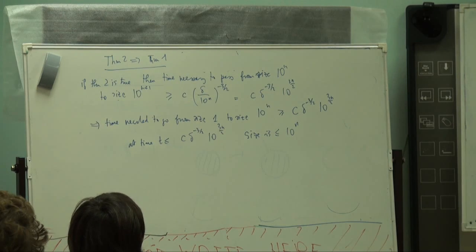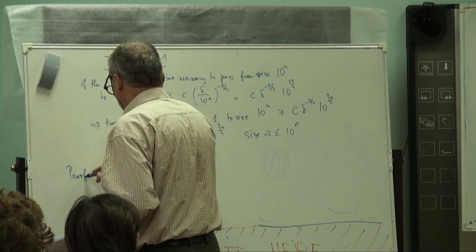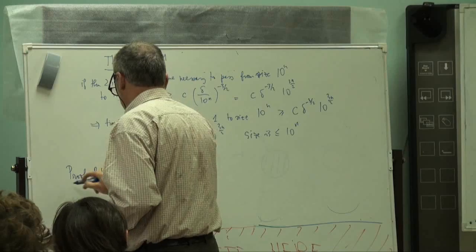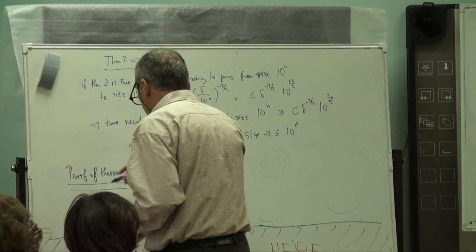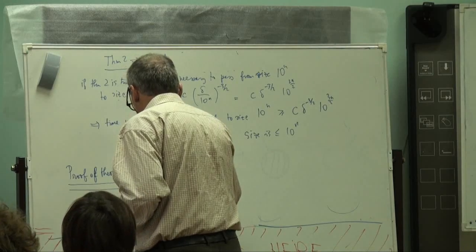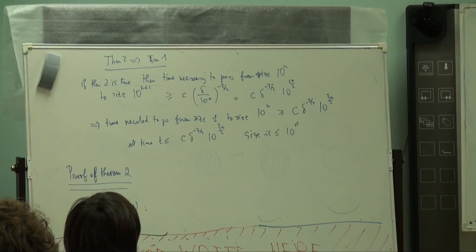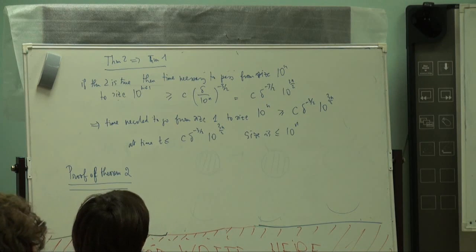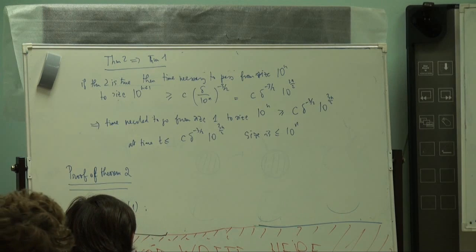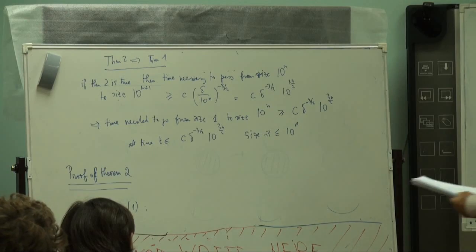Now let's go to the proof of theorem 2. So now we have the main lemma, which is lemma 1. The main lemma says we need to have control on the quantity epsilon t, and the estimate we need is precisely the following.